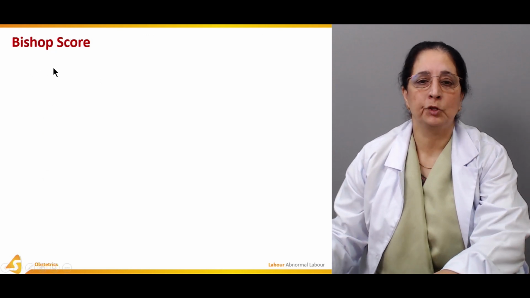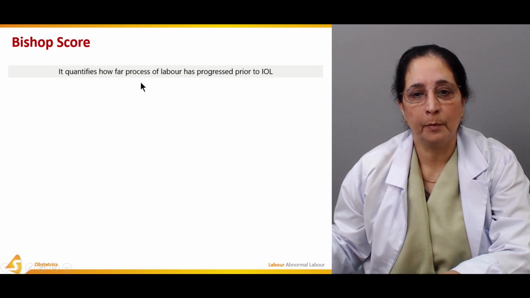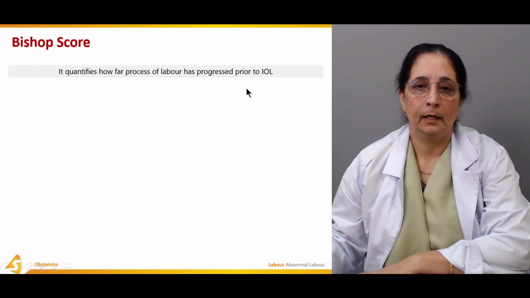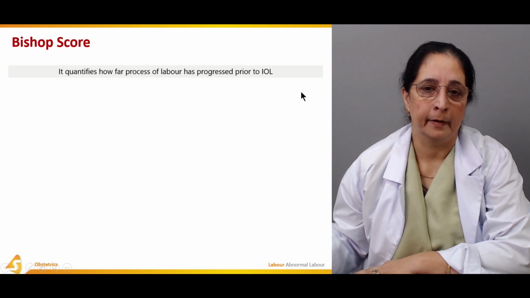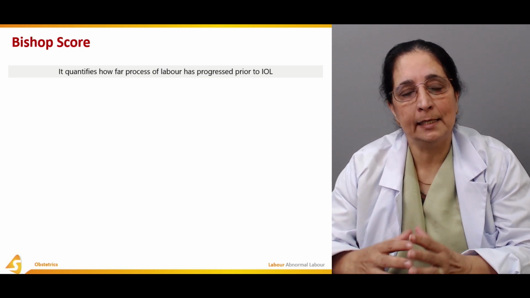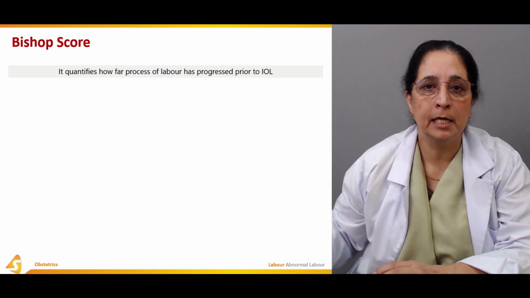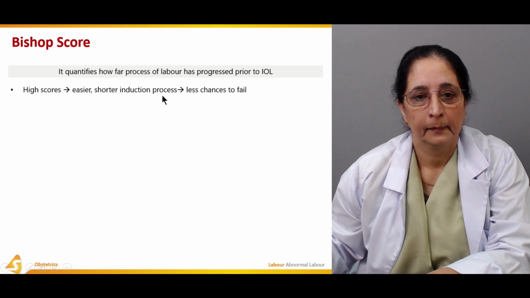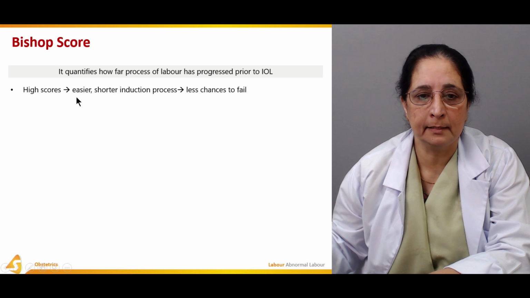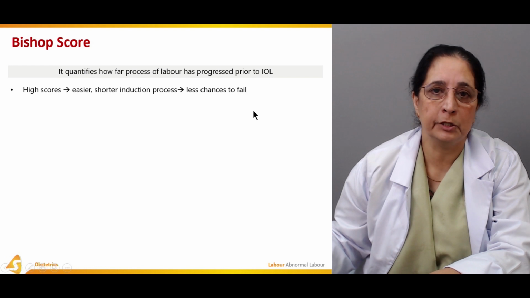Now what is the Bishop score? The Bishop score quantifies how far the process of labor has progressed prior to induction of labor. If induction of labor is done, it's a score that tells how far the labor has progressed and what should be done next. High Bishop scores make the delivery easy, with a short induction process and less chance of failure.